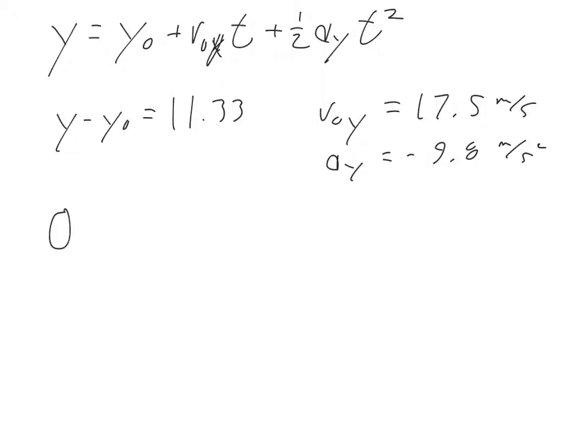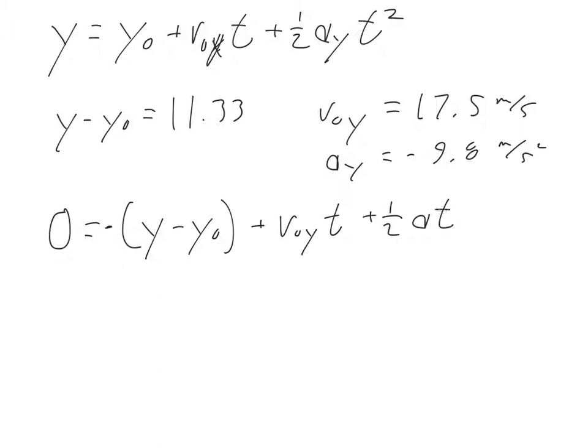So we'll have 0 equals negative (y minus y naught) plus v naught y t plus 1/2 a t squared. So that's going to be negative 11.33 plus 17.5 times time minus 4.9 t squared, to put in all of our numbers.